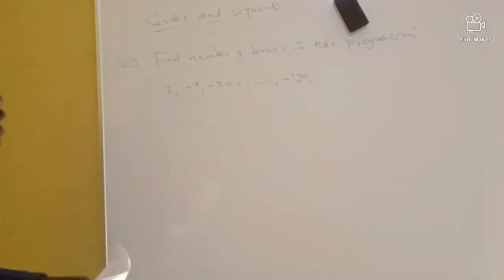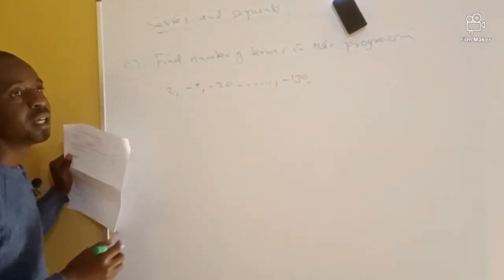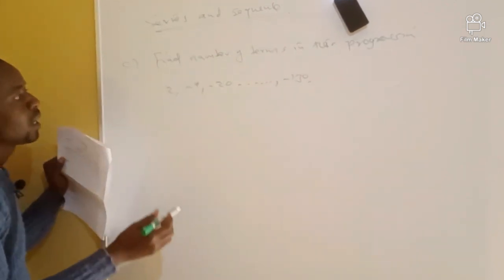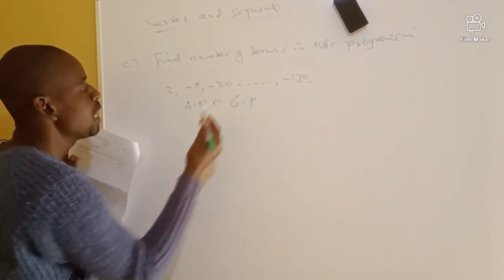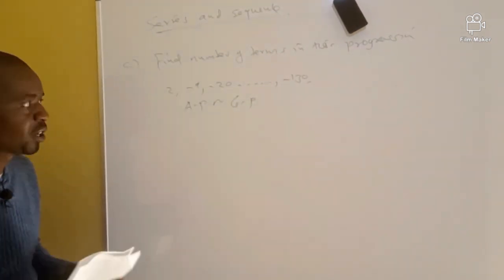First of all, if you are given such a question, the only thing you should understand is whether the sequence is an AP or a GP. AP means arithmetic progression or sequence, or it's a geometric progression.